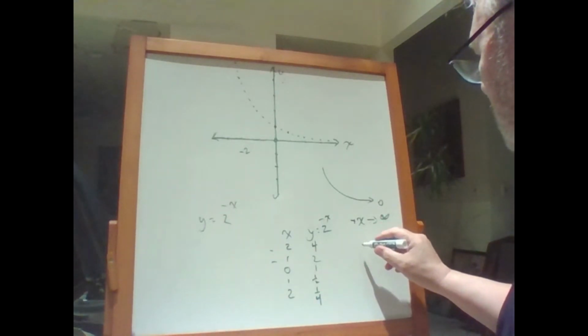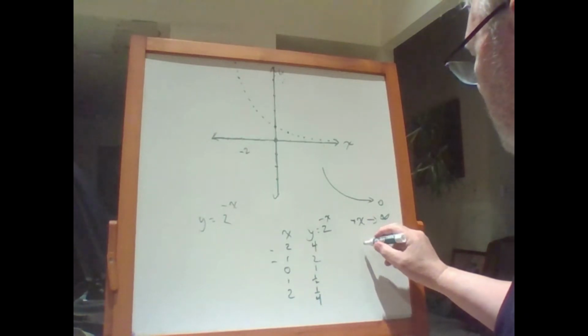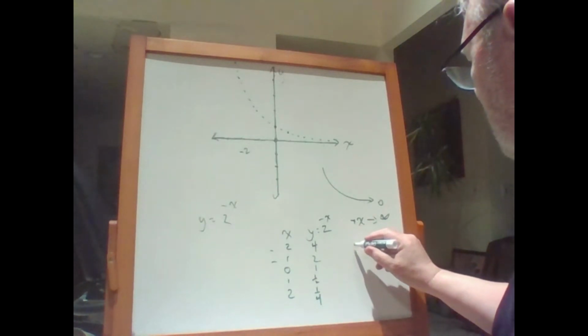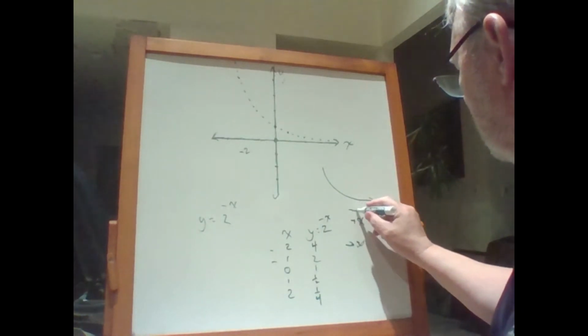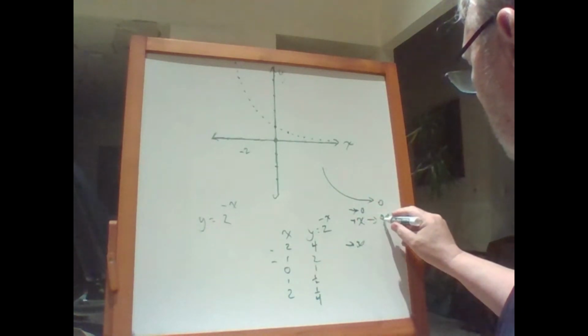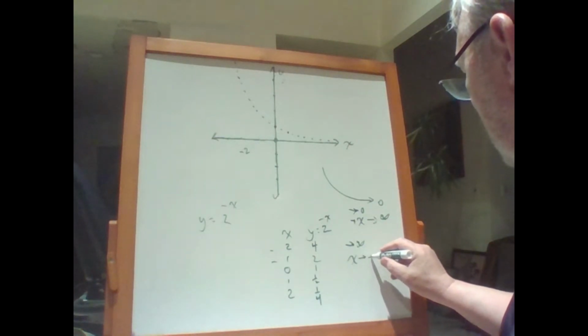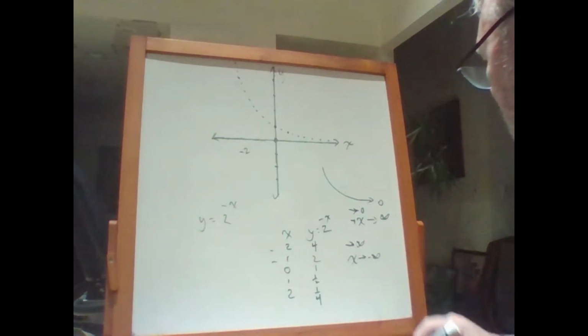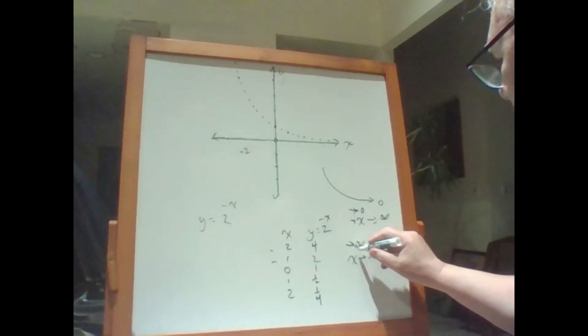It goes to 0 as x goes to infinity, and as x goes to negative infinity, it goes to positive infinity.